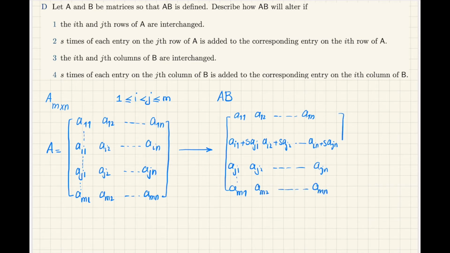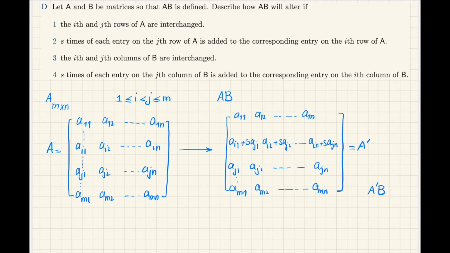Let me call this matrix A prime. Now I multiply matrix A prime by the same matrix B. I want to see what would be the effect of this change in matrix A, how this change in matrix A will affect the product.